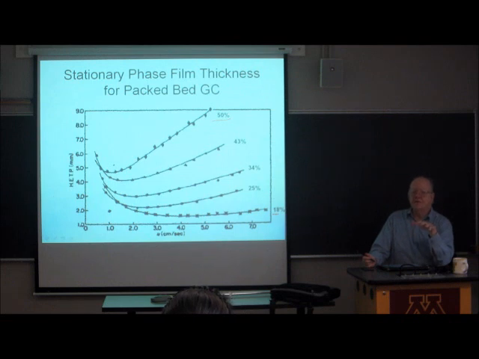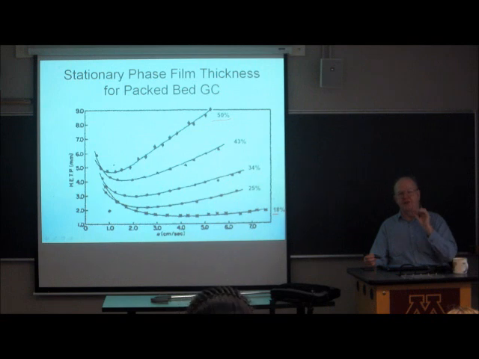Since the particles are the same, the surface areas of the particles are the same, but if the amount of stationary phase is greater here, then this is on average a thicker film of stationary phase on the particles.